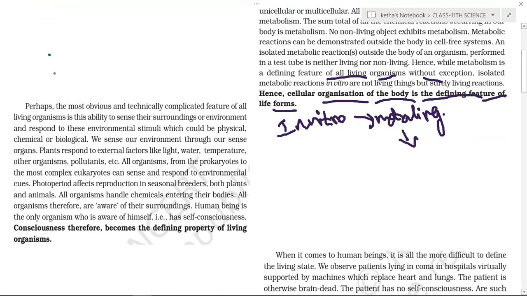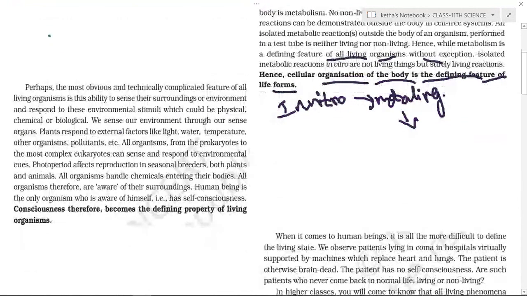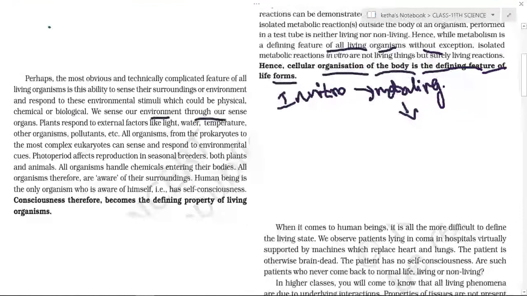We can sense our environment through our sense organs.